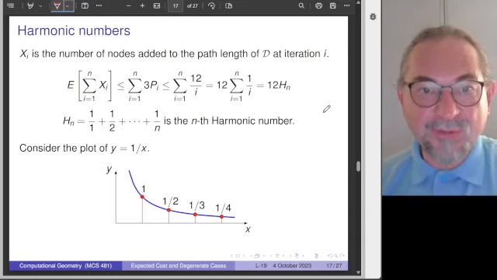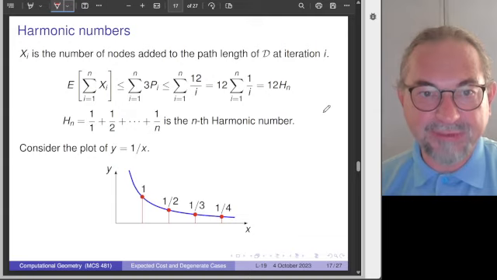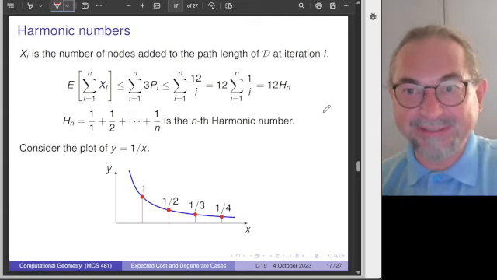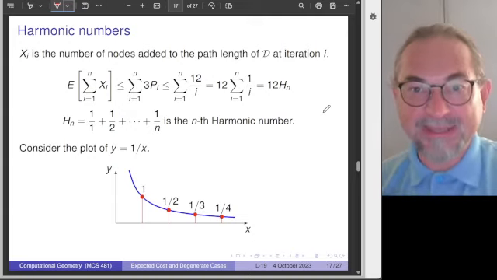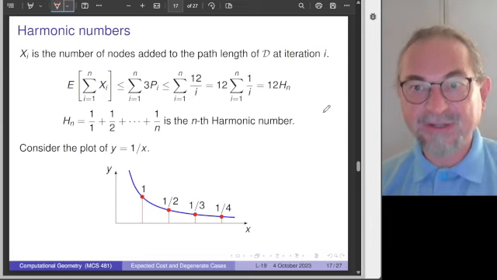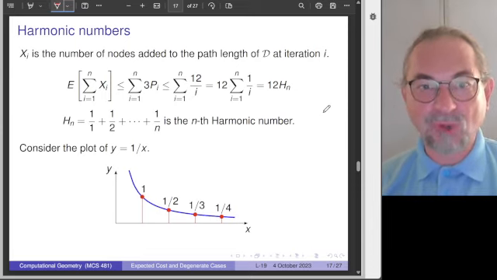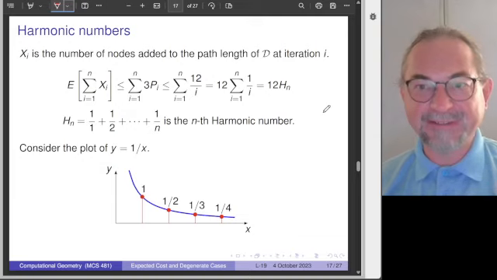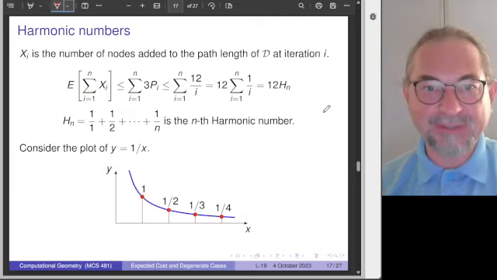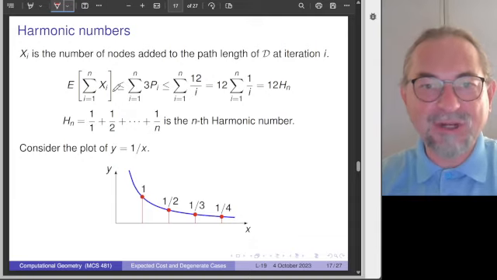Well, why did we need the PI? Well, the PI was the expected value of the number of nodes added at iteration I. So that is the linearity that is used here. So I could have squeezed in one more equality.